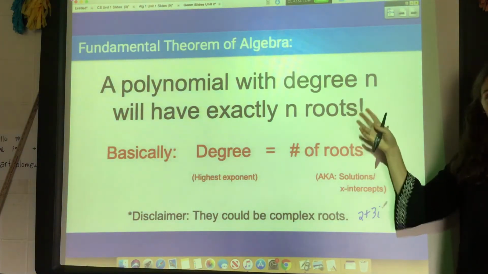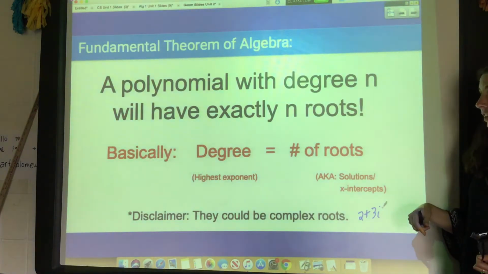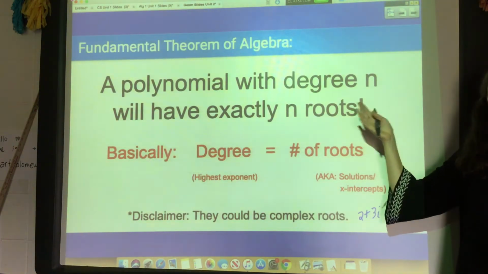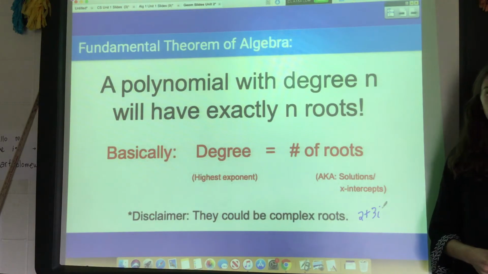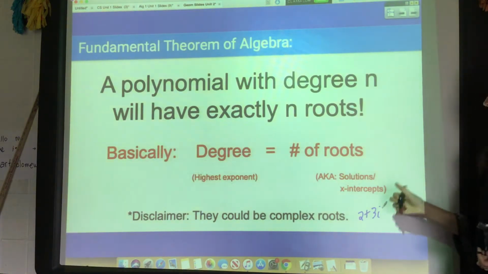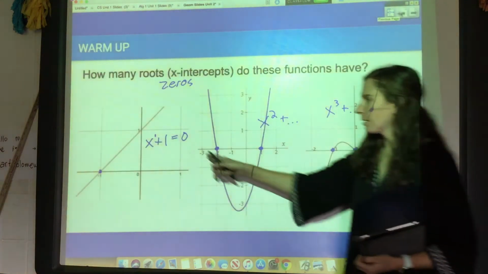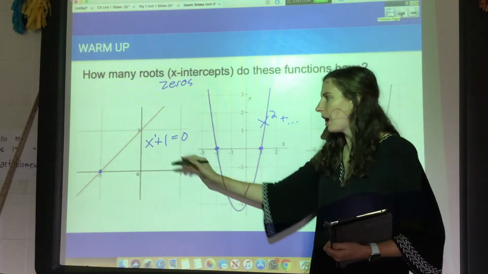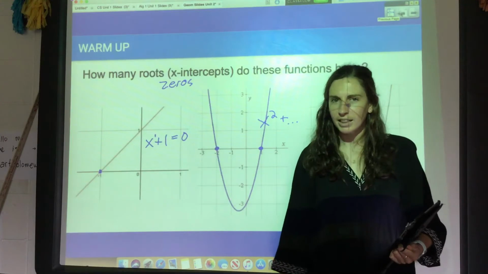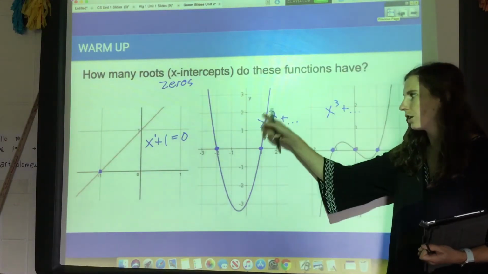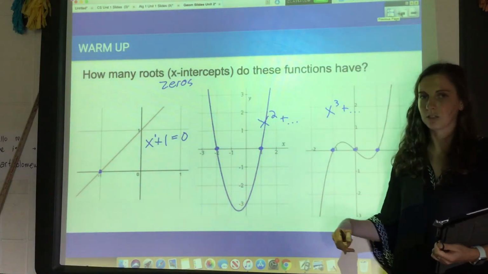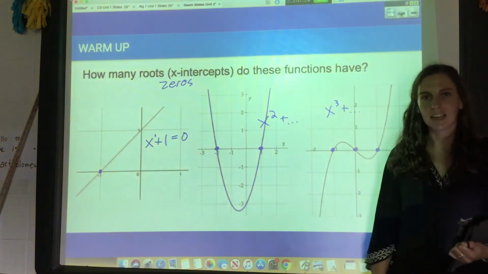But it's still a cool theorem that the degree literally tells us how many solutions we're looking for. You may have noticed, when we were doing linear stuff, when you solve it, it obviously only has one solution. And then you may have noticed the entire quadratic unit, we always had 2 solutions, or usually. That's because it has a degree of 2.